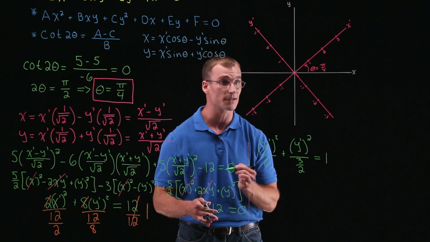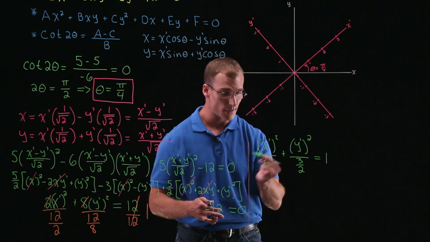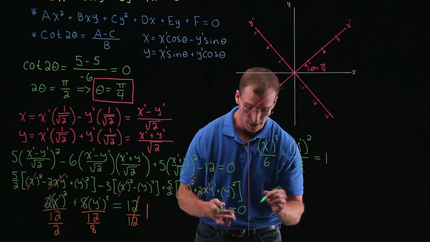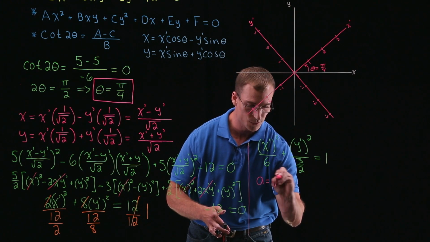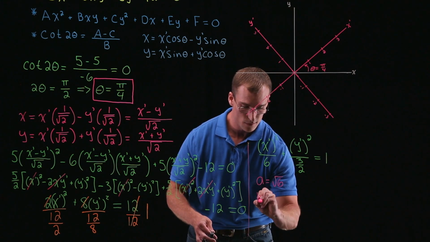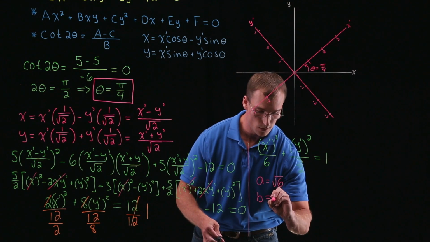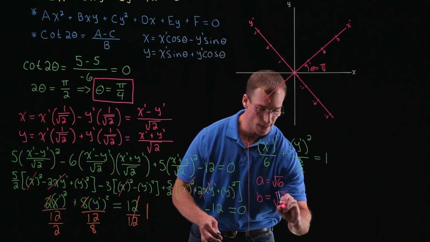Now to help us sketch this, we need to find our a and our b. So we see the larger number is underneath the x, so that implies our a squared is equal to 6, or that a is equal to the square root of 6, and our b is equal to the square root of 3/2.